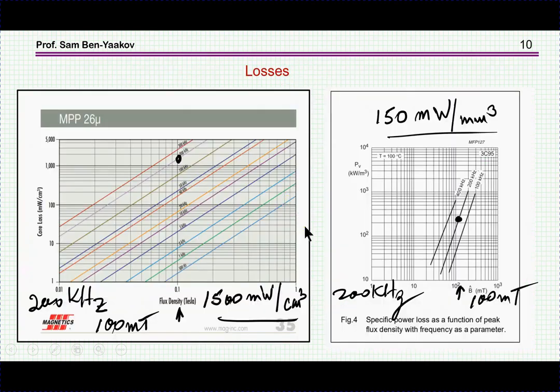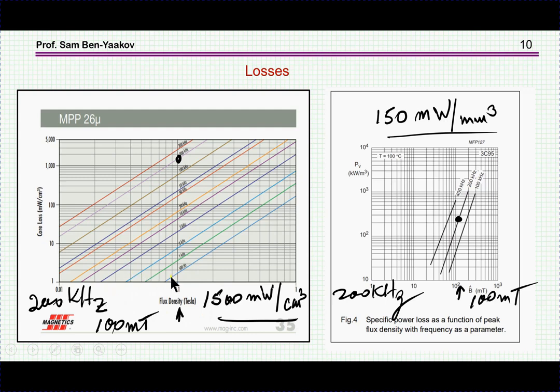Now, when it comes to core losses, in the data sheets of the ferromagnetic material we have plots like these, which are based on the Steinmetz equation, and these are log-log graphs. These are based on measured data, and unfortunately the data is obtained small signal around zero bias, so it doesn't reflect all the operating points that we would expect, but this is the best we have at this point.